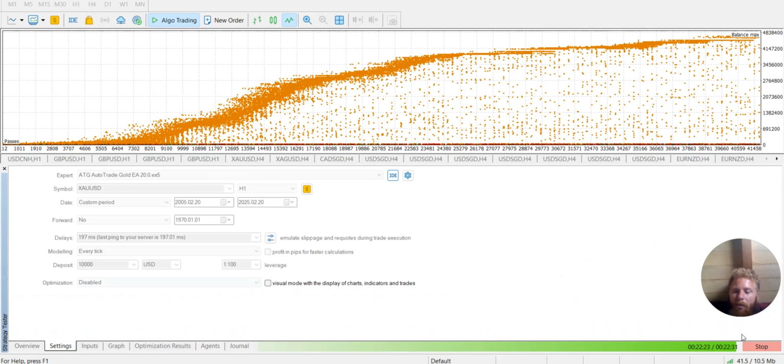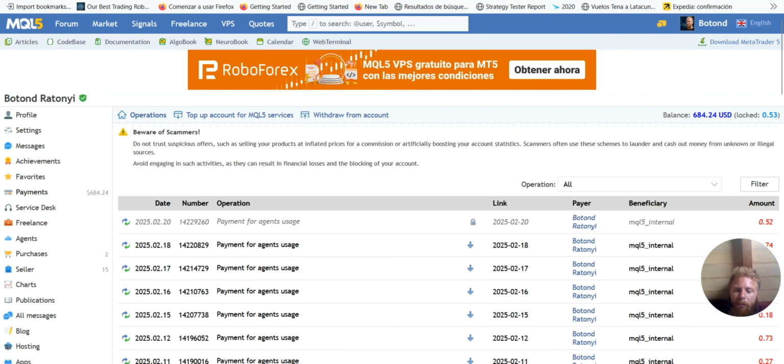It took almost half an hour, and for basically 40,000 passes, it only took a few minutes, and it cost only this amount. Like it's $50. Not that crazy.